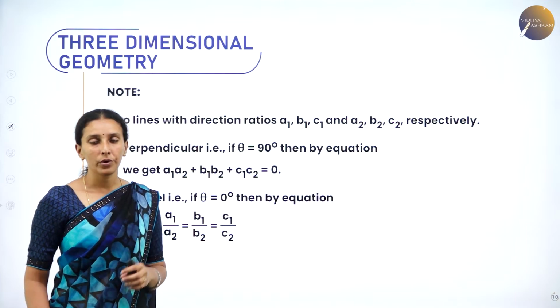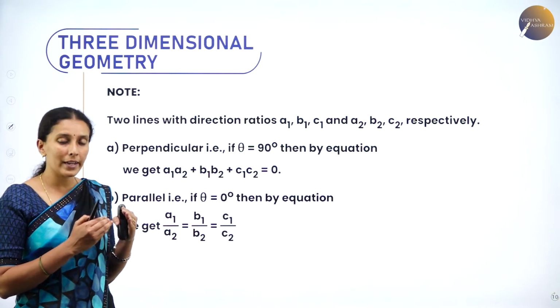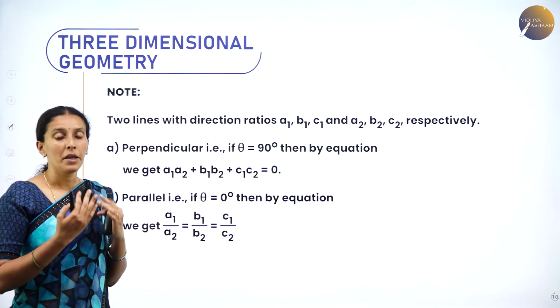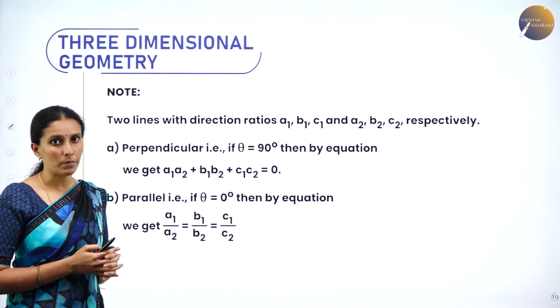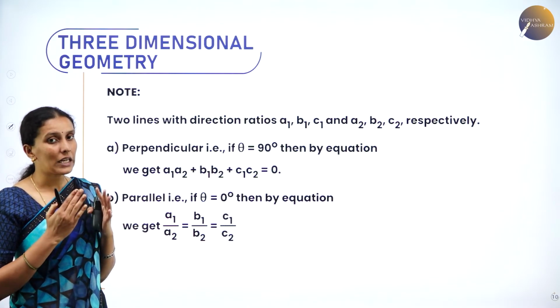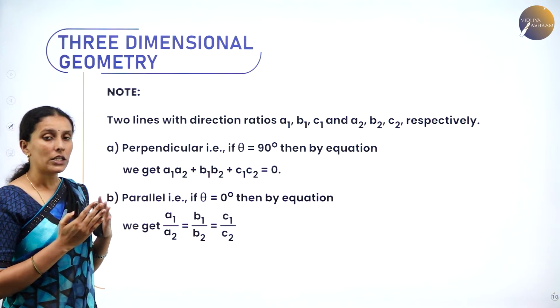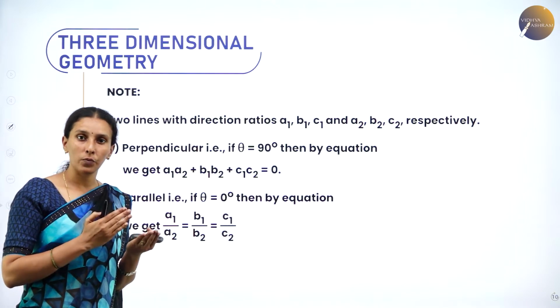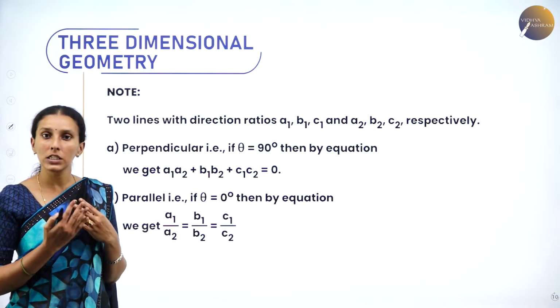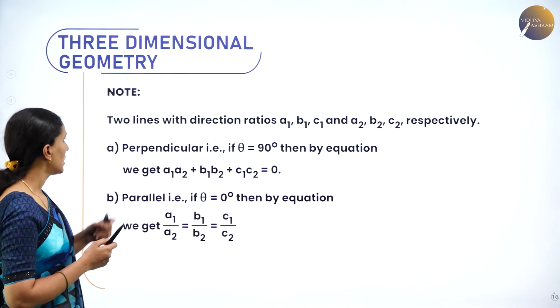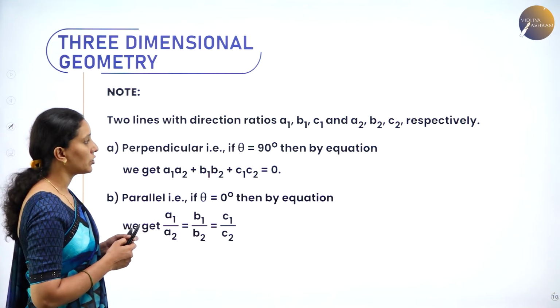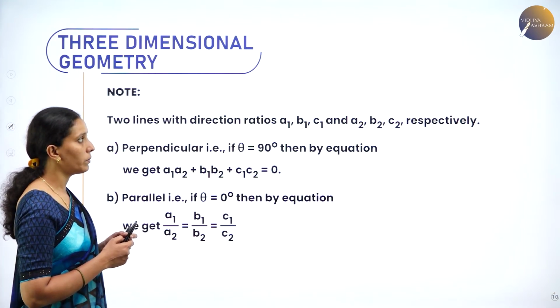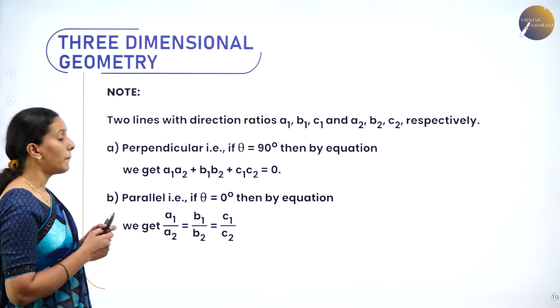Now, here are two important things to note. Since we are calculating cos theta here, based on cos theta we have two observations. Whenever theta is 0 or theta is 90 degrees, cos 0 is 1 and cos 90 is 0. What does it mean? Take two lines with the direction ratios a1, b1, c1 and a2, b2, c2 respectively being perpendicular.